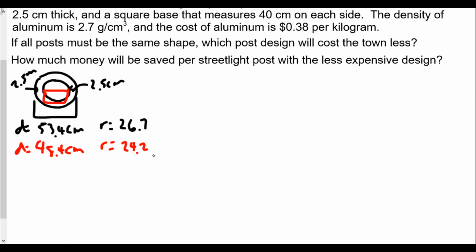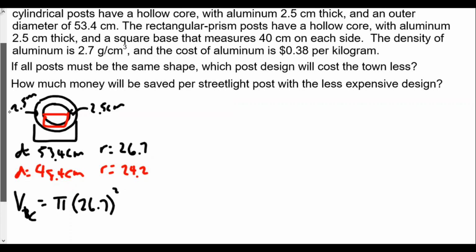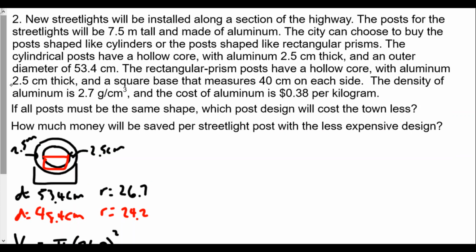So we're going to do now the volume of the big cylinder, which would be, in this case, pi times 26.7 squared. Now the height of this is going to be 7.5 meters, but we want to keep everything in the same units.